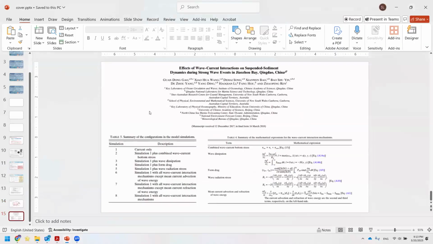So this paper is by Xiao Huang Wang. I don't have a lot of suggestions for it. I think the main issue with this paper right now is that they use a constant critical stress.